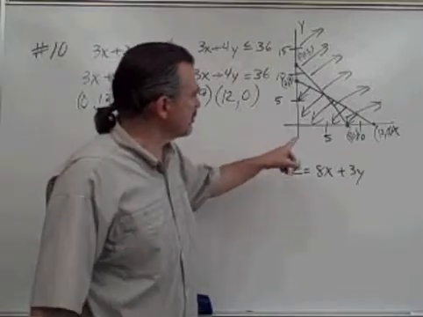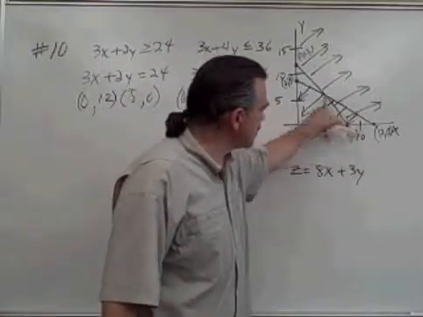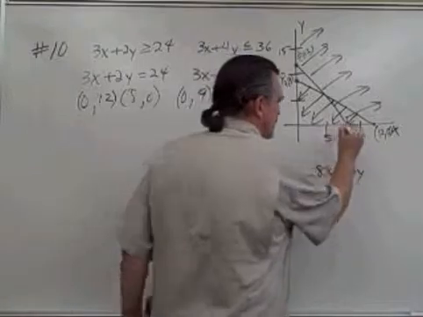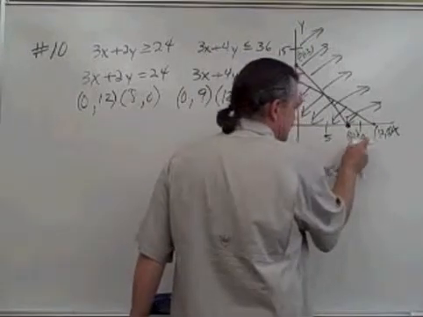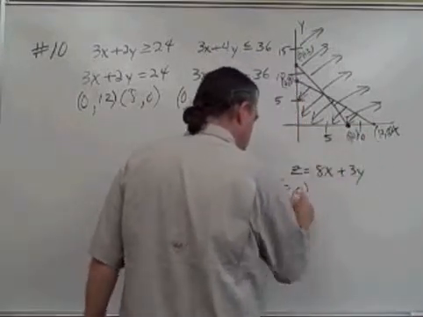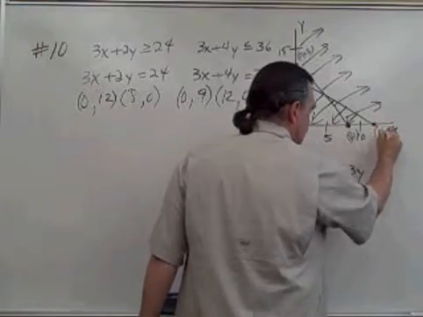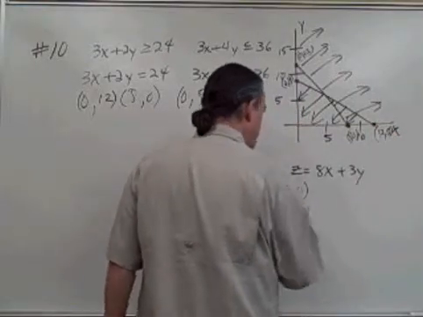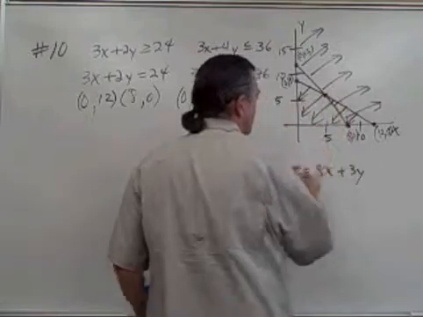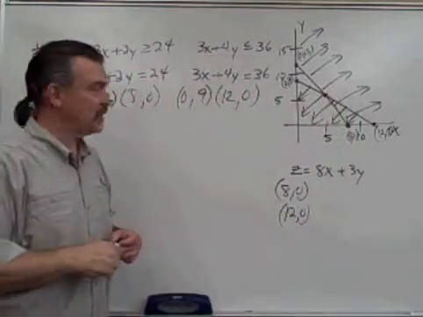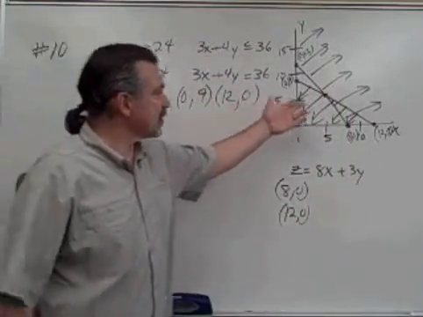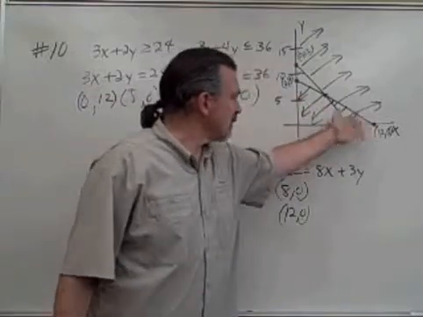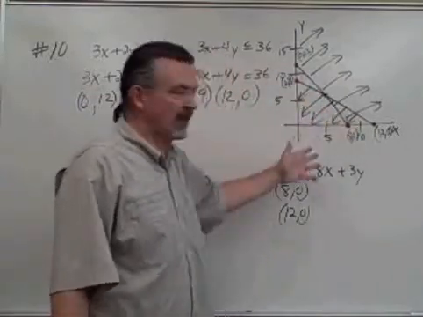And so our feasible region is this small sliver right here that's bounded by the corner point 8, 0, the corner point 12, 0, and this corner point, which is unknown. But again, it's the corner point that's formed by the intersection of the two lines.